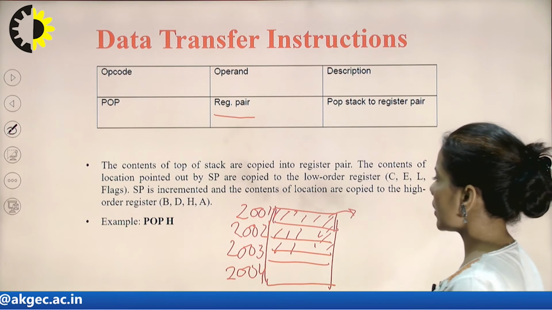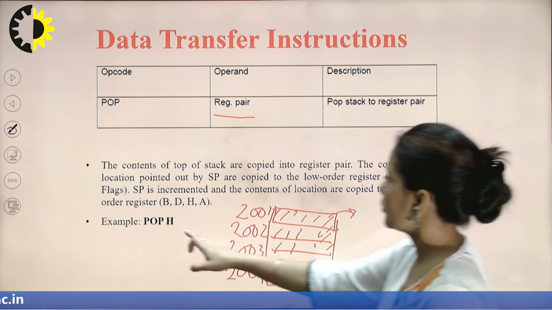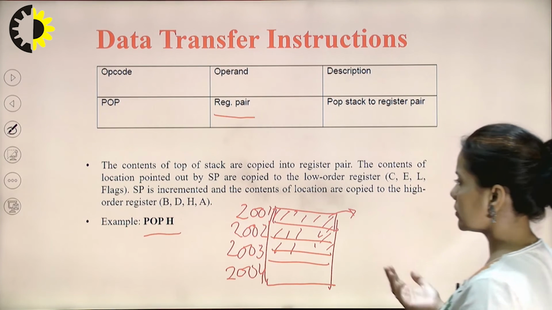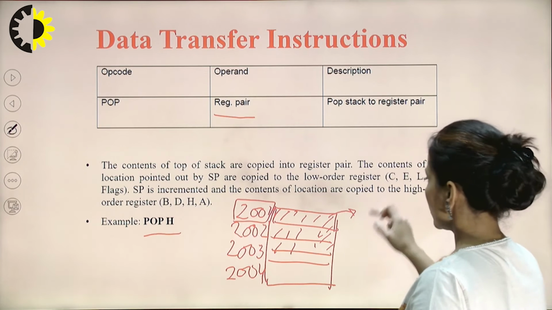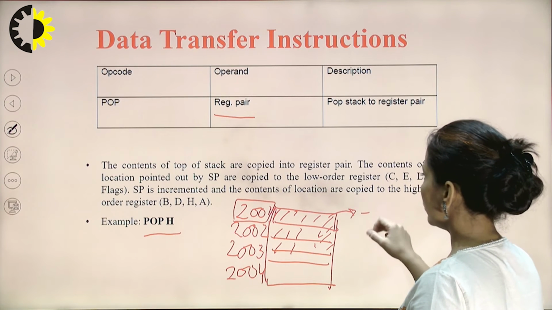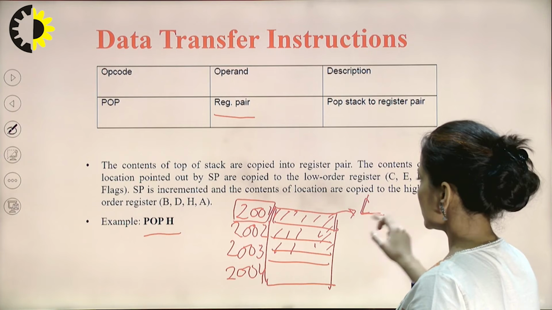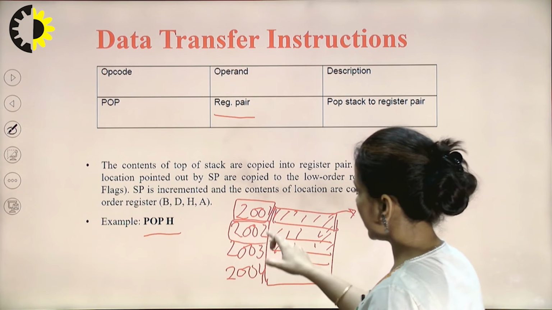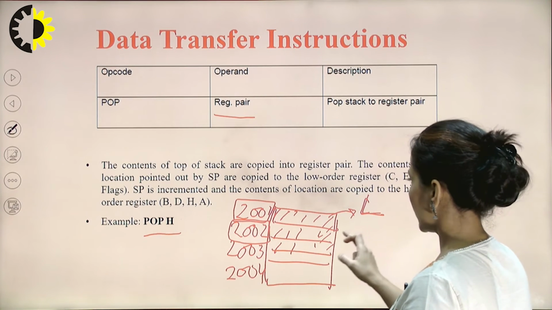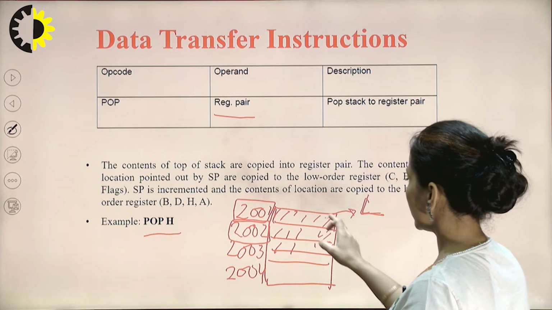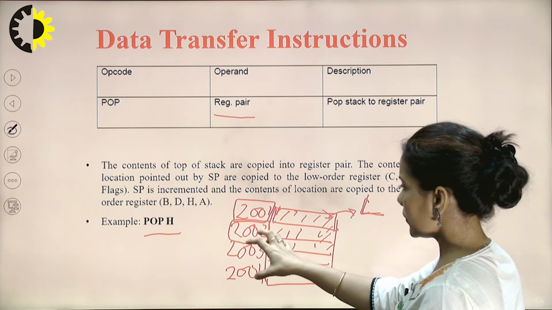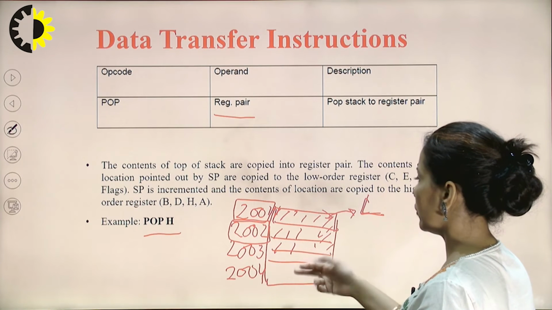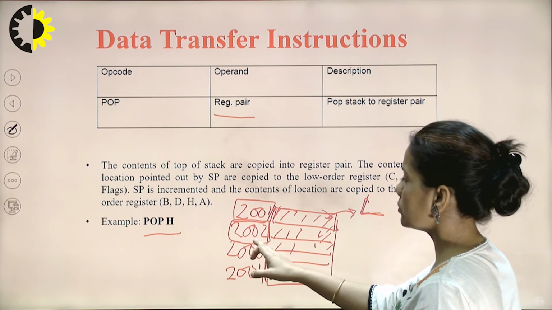If we are popping something from here and we write pop H, again the HL register pair will be considered. Since this address is lower, the contents of this will go into L. The stack pointer will be incremented by 1 and now comes to 2002.